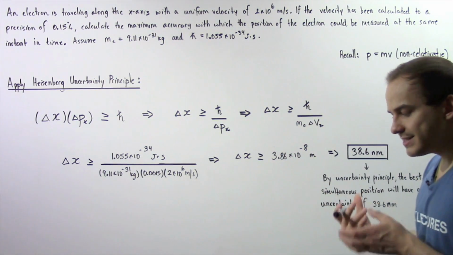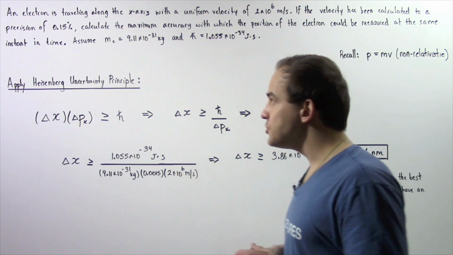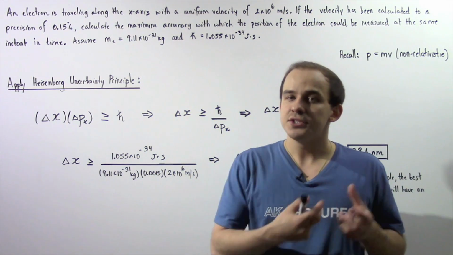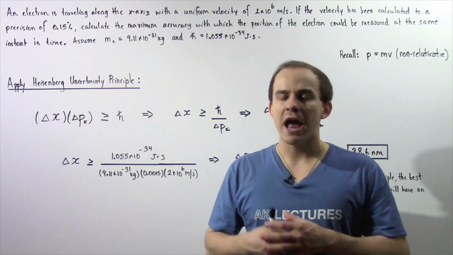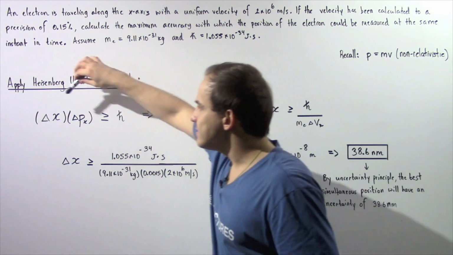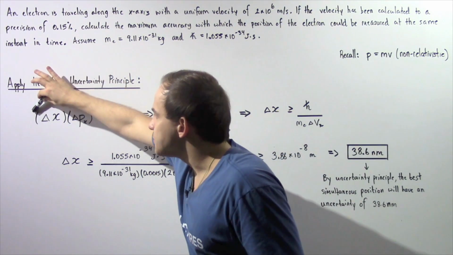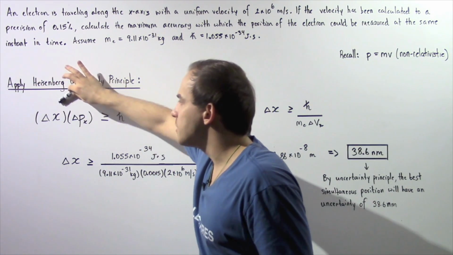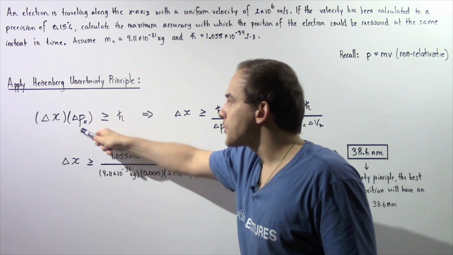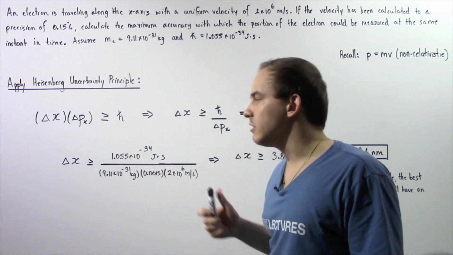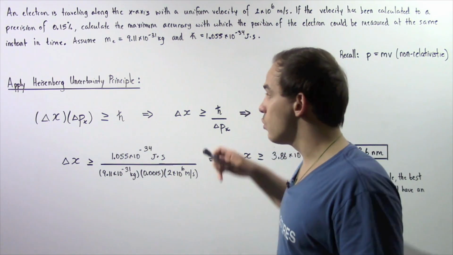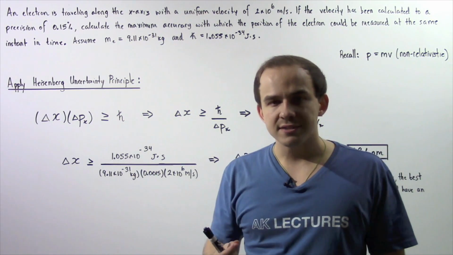So basically, this example is a direct application of Heisenberg's uncertainty principle that relates the uncertainty in position of our electron with the uncertainty in momentum. It tells us that the uncertainty in our position of the electron along the x-axis multiplied by the uncertainty in the momentum of that electron along the same x-axis is greater than or equal to h bar, our constant.